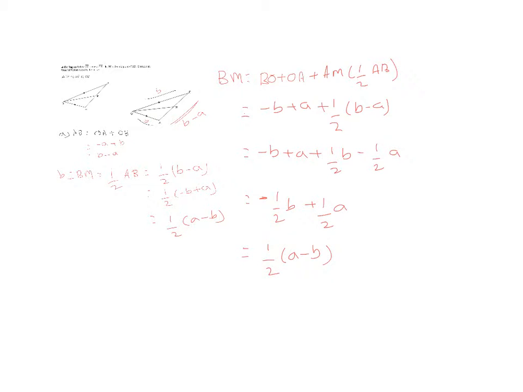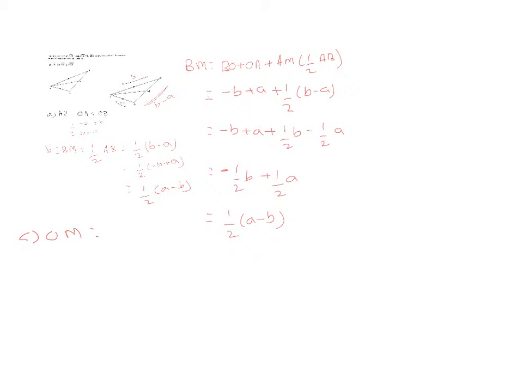Now the third question, which is O to M, we are going to see. Okay, I will make all these things small. So O to M, I will paste the picture again.